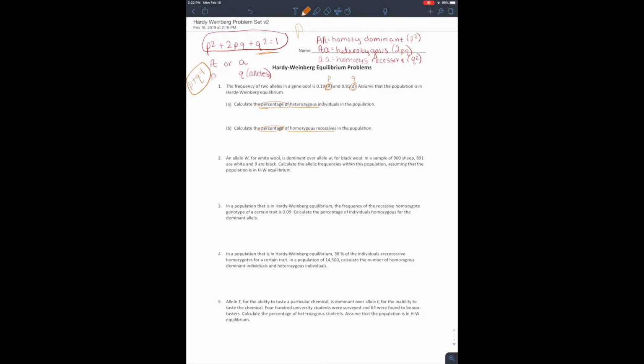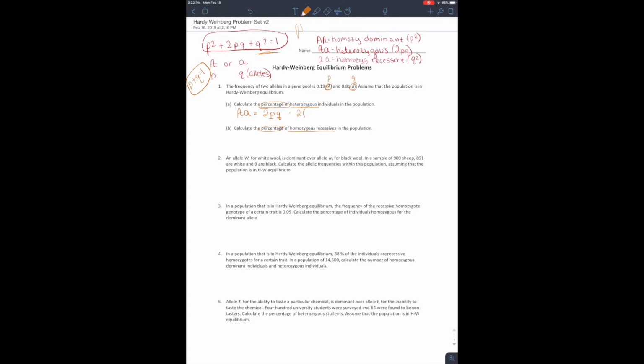Therefore, the number of heterozygous individuals, or big A, little a, because that's what it's asking for, is going to be equal to 2pq. Lucky for you, they gave you p and they gave you q. So all you have to do is plug it in.